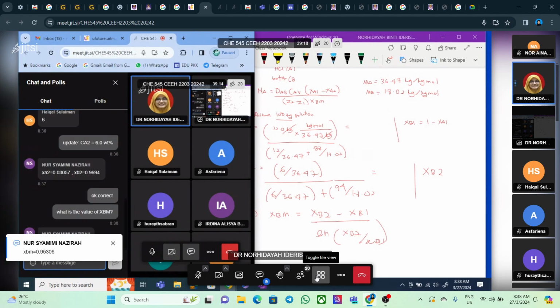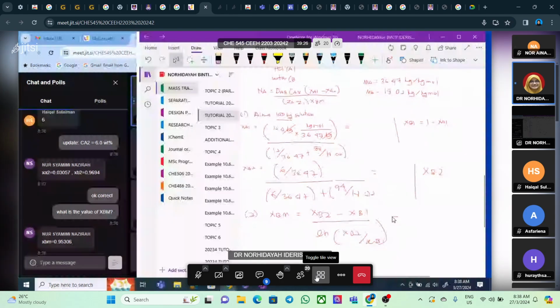Okay, good. 0.9530. Okay, so maksudnya masukkan je nilai SB1, SB2 yang kamu dah kira. Okay, so kamu akan dapat, tekan kalkulator betul-betul dan you will get the value of 0.95306.